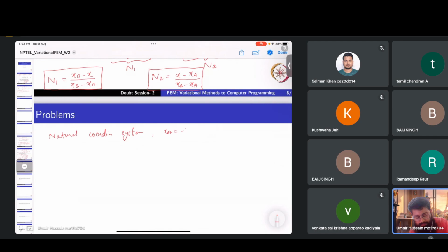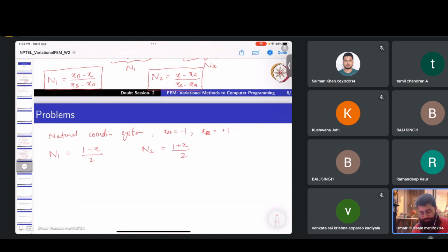In that case, n1 would be (1 minus x) by 2, and n2 would be (1 plus x) upon 2.